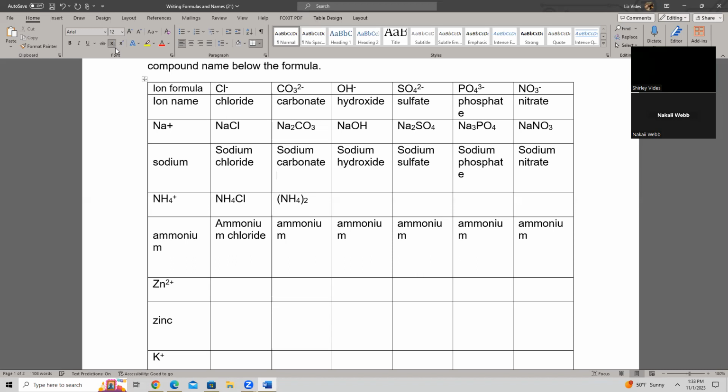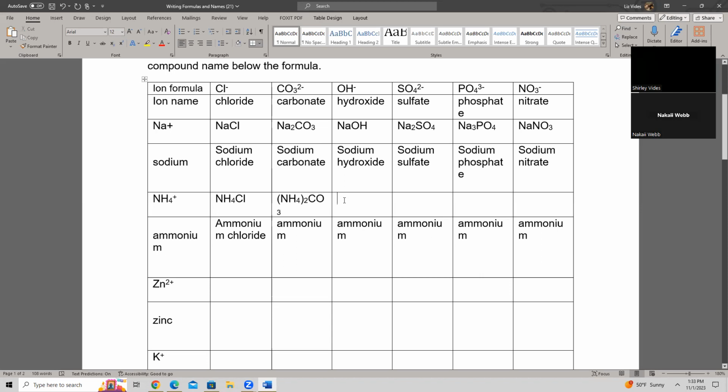And you notice that the CO3 is not getting parentheses because it's a 1. So just by it being there, it means that there is an ion in there.